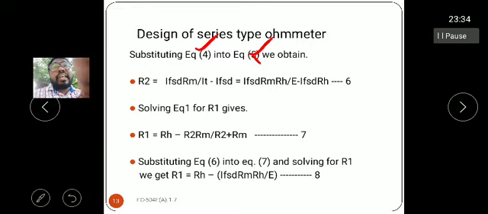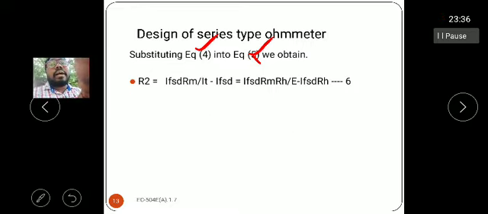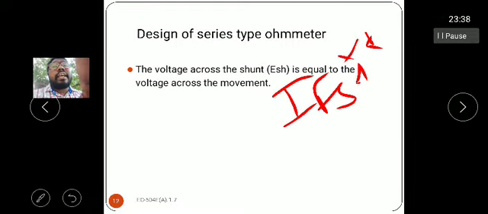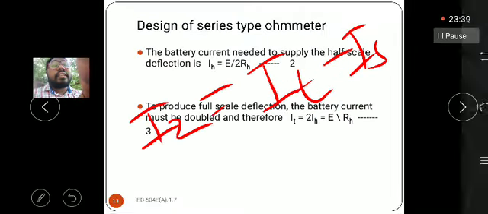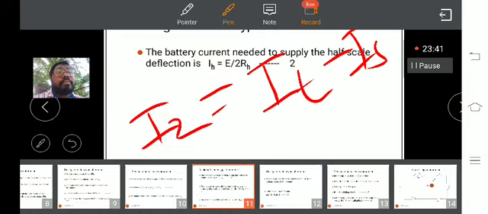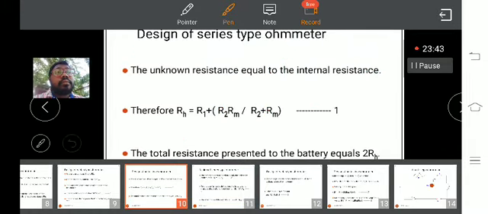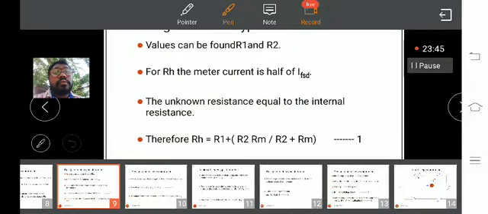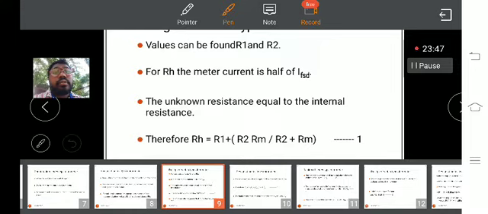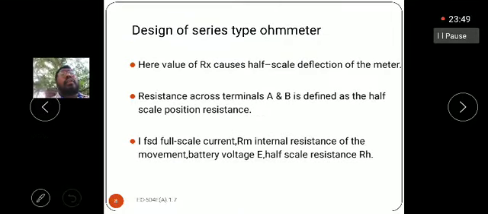Again I am showing the equation part about the design of the series type ohmmeter, explaining it quickly.